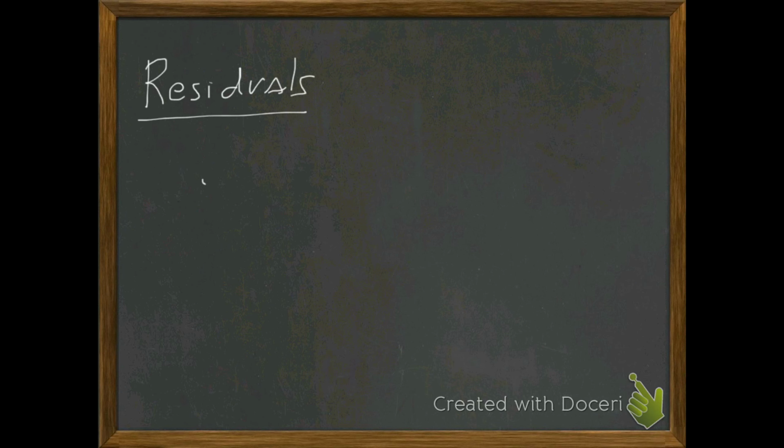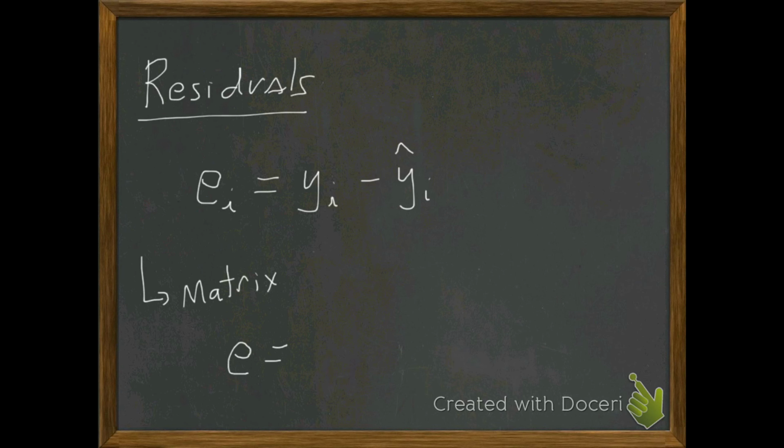And guys, clearly a residual is just denoted by E sub I. And this is the difference in the observed Y and the predicted Y, or the fitted Y. So if we move this into thinking about how this happens with a matrix, there should be no doubt that we're going to take our Y matrix minus our Y hat matrix, which is going to give us Y minus X times our beta matrix.